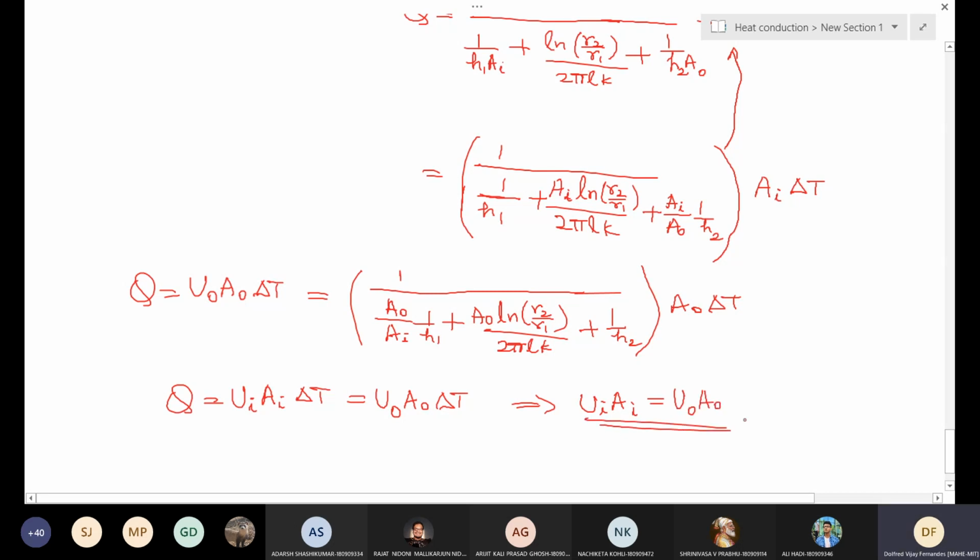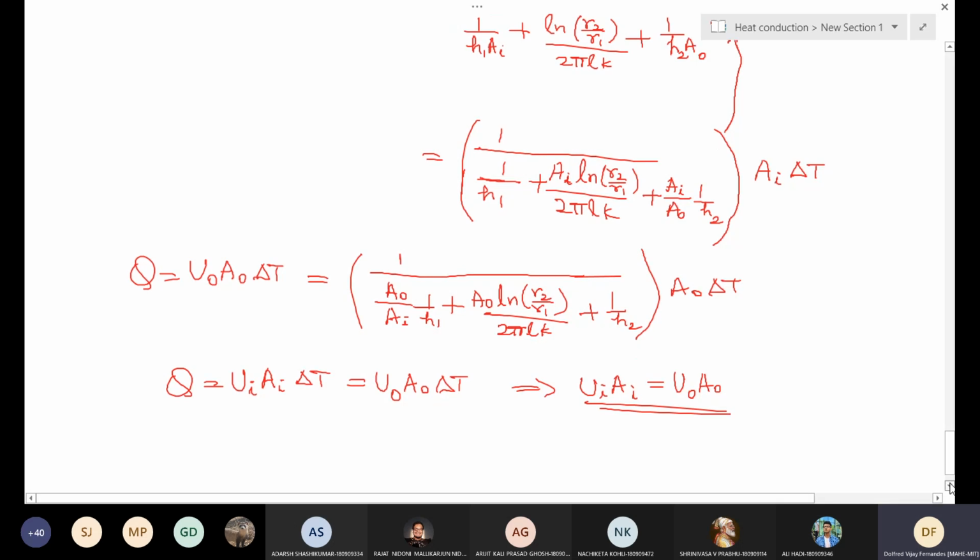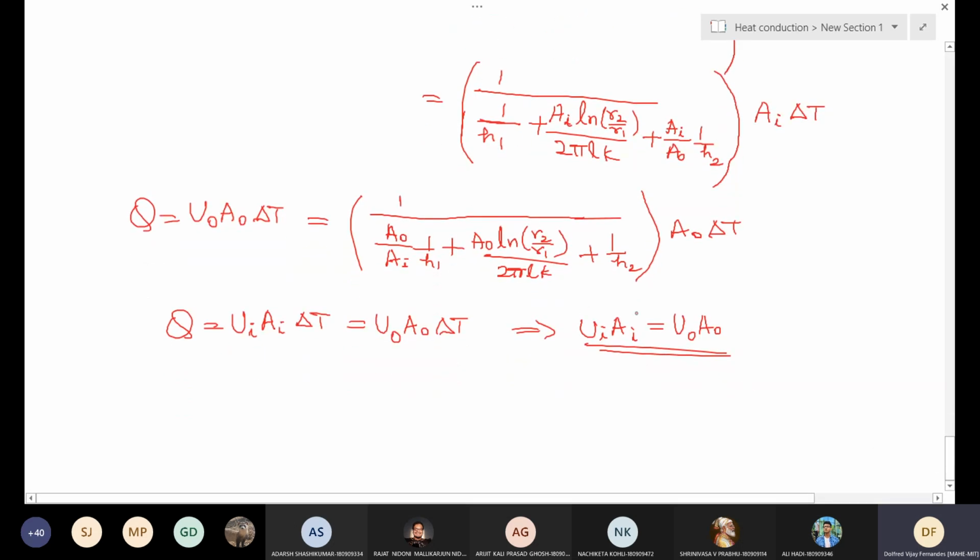This is a very important relation. The overall coefficient multiplied by area is always constant for a cylindrical wall. So you have to remember that.